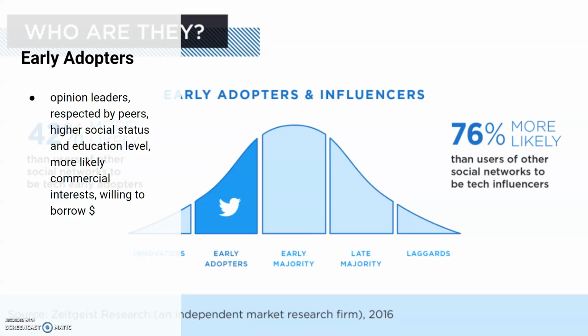Then we have the early adopters. These are really key in getting your idea or technology adopted by others, and they're the early opinion leaders. They're respected by peers, higher social status and education level, more likely commercial interests, willing to borrow money.